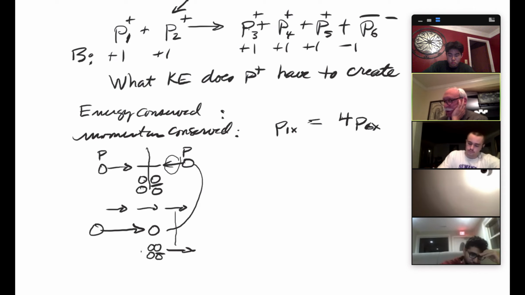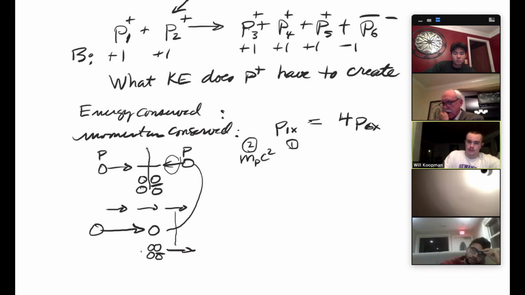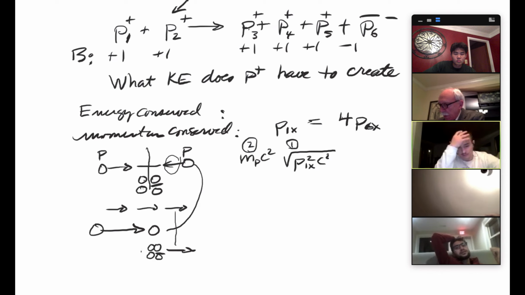Now, what about energy conservation? What do you put on the left-hand side? There's the energy for particle 2. What do we put for particle 1? Square root of p squared c squared plus m squared c to the fourth.